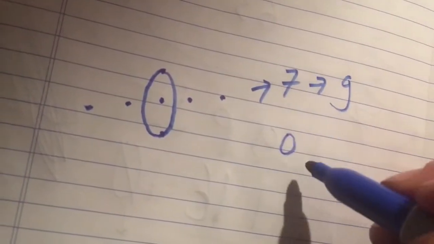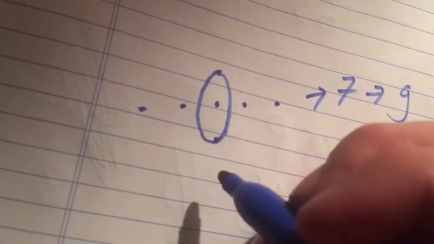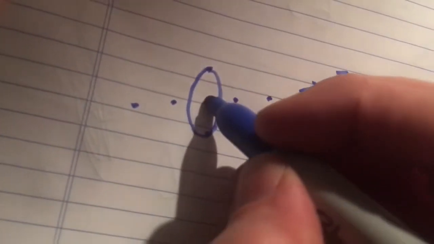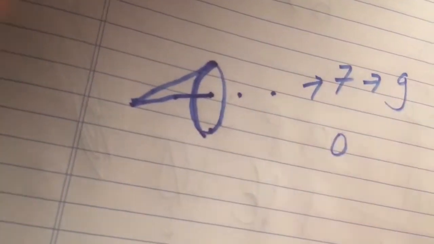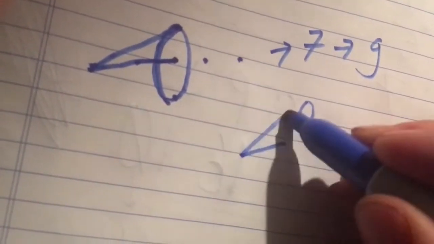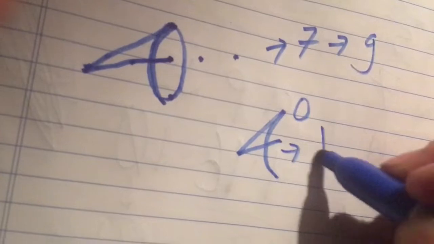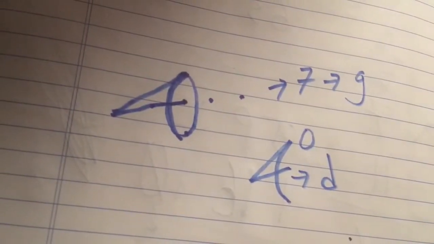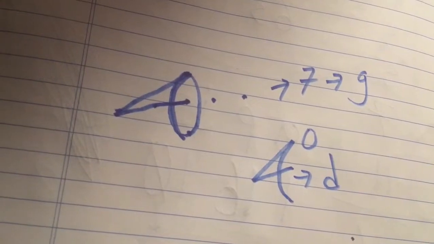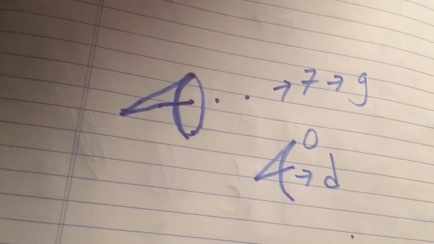There's your O. And then you gotta know that the number 4 is the letter D. And that says a lot.